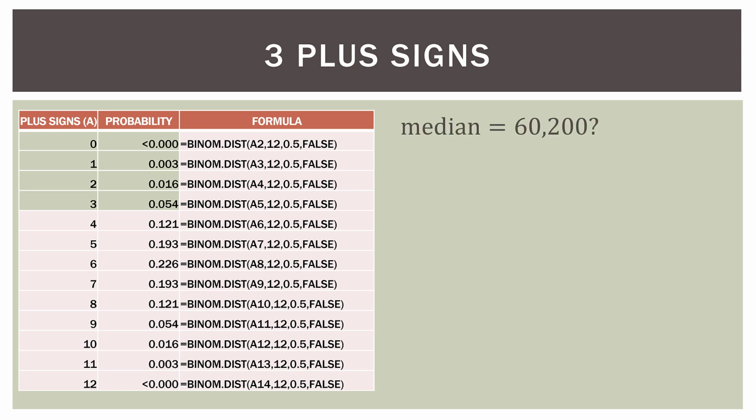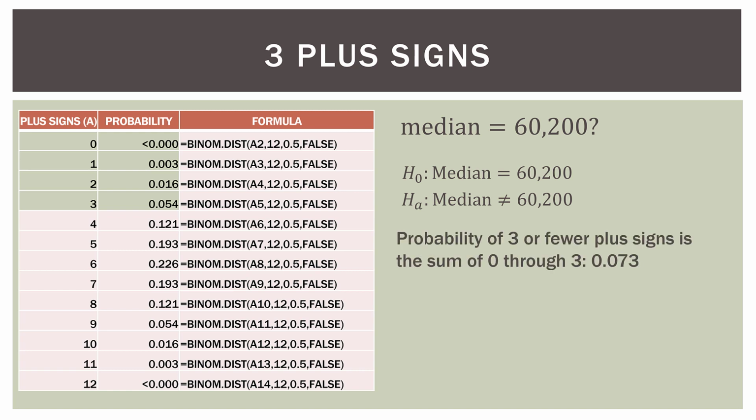So what we're saying is the median, or hypothesizing at least, the median is $60,200. So here is our null hypothesis and our alternative hypothesis. The probability of 3 or fewer plus signs is just the sum of 0 through 3 over here on the left. So we take the first 4 probabilities for 0, 1, 2, and 3, add those up, and we get 0.073.